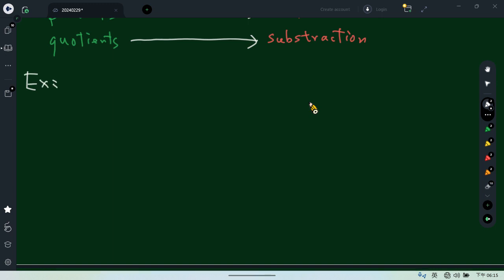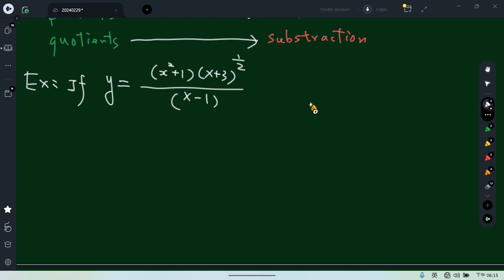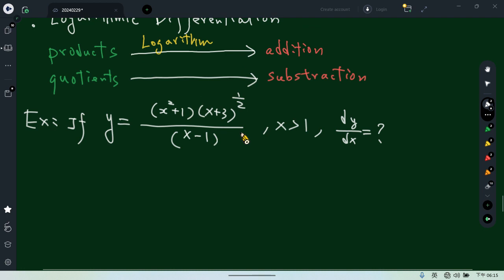Okay, so based on this idea, if y is equal to (x squared plus 1) times (x plus 3) to the power of 1/2 over (x minus 1), x is larger than 1, then if I ask you to calculate this derivative, what is it? If you just want to follow the differential rule, it will be u over v, right?